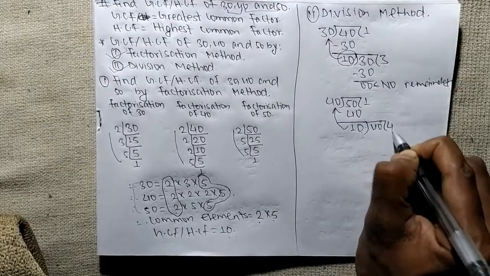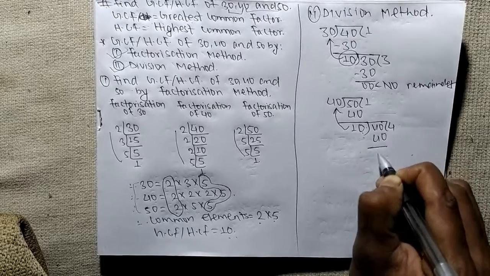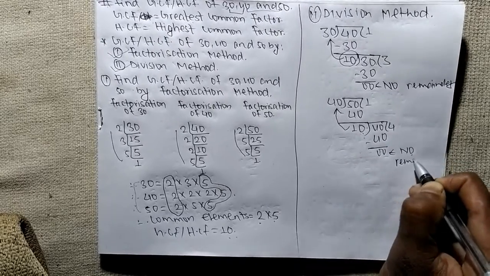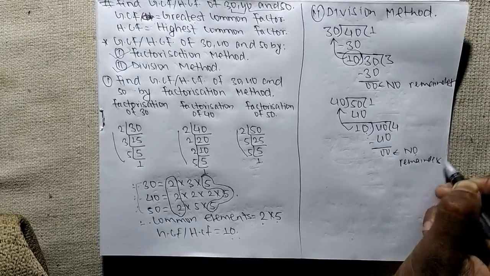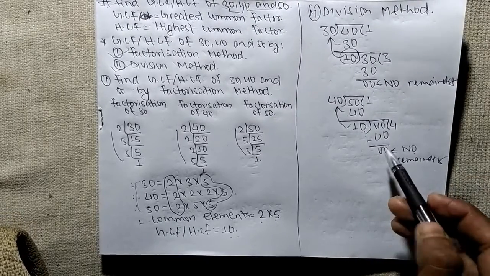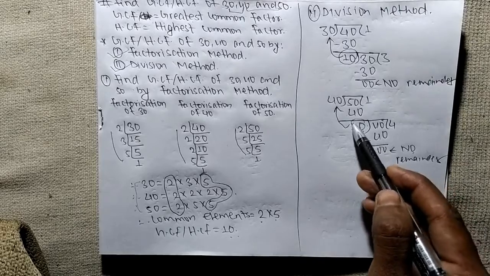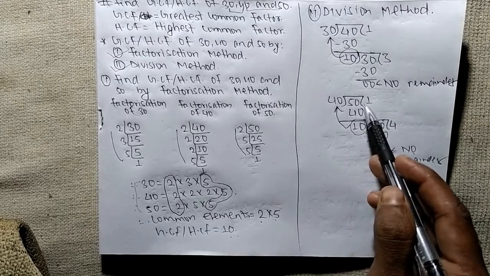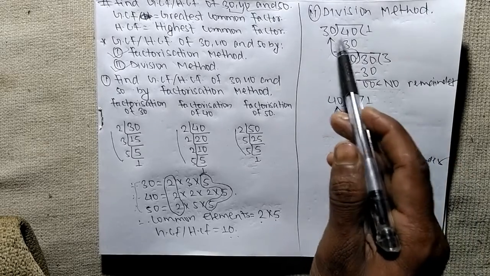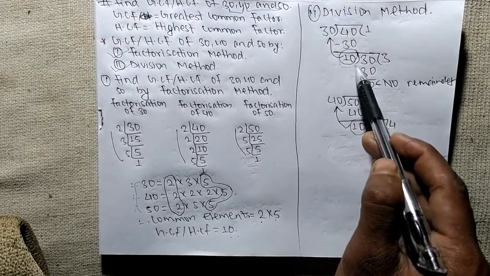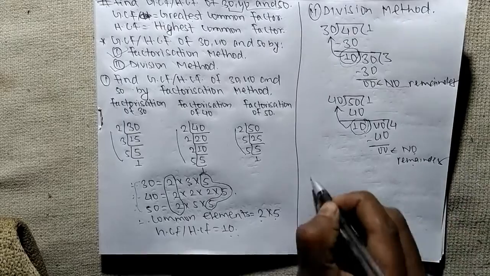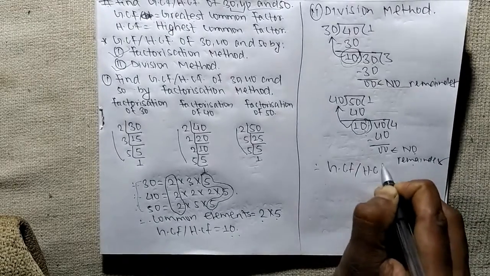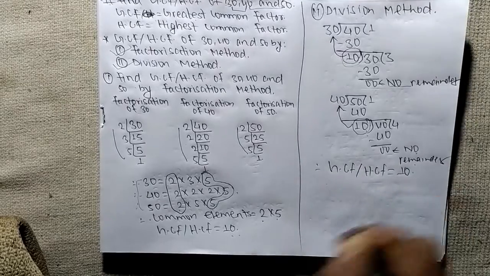So 10 times 4 means it is 40. As you look here, there is also no remainder. So 10 is taking no remainder at last in the case of 40 and 50, like as in the case of 30 and 40, 10 again taking no remainder. So we can write GCF or HCF is equal to 10.